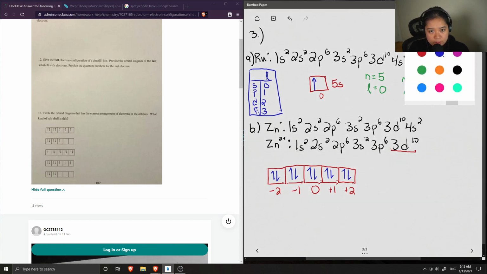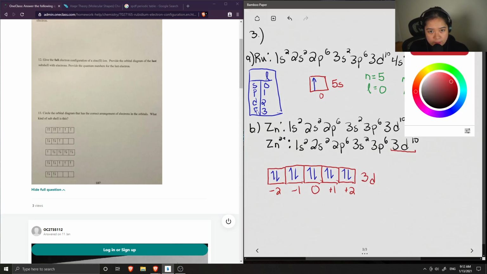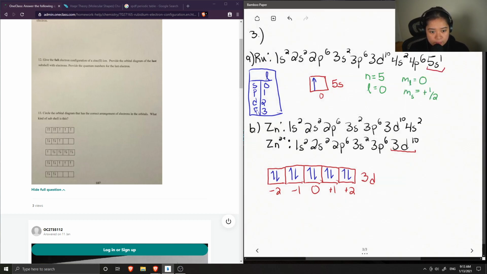Okay, so this is our filled 3D subshell. And now let's write out the different quantum numbers. Since we're in the 3D subshell, our n value is equal to 3.